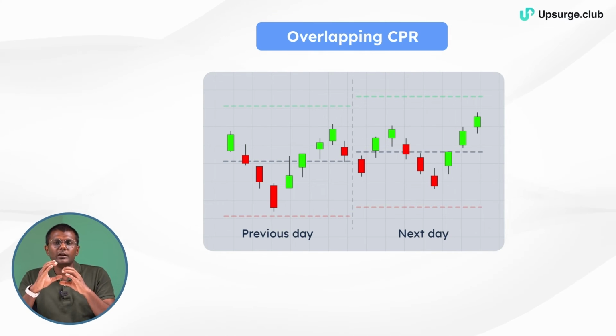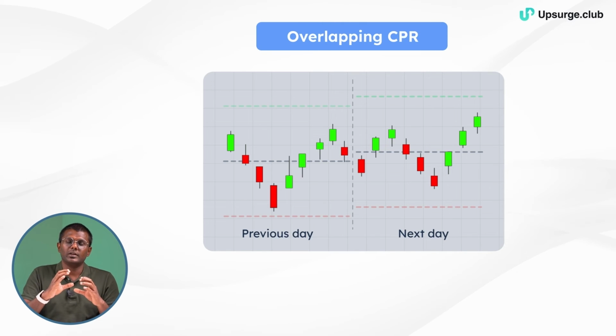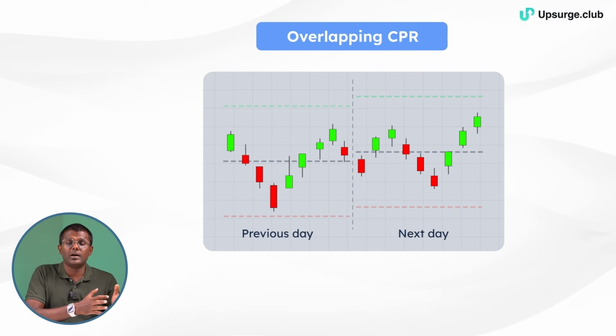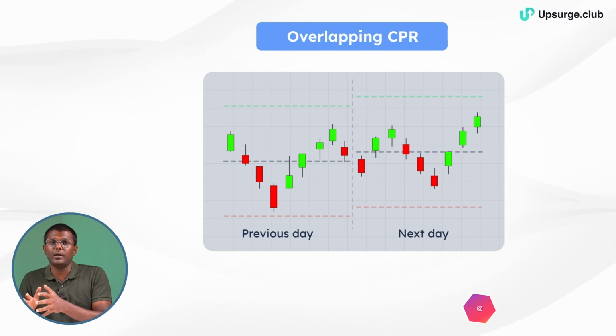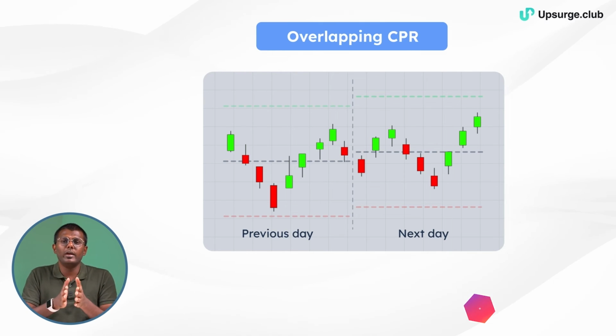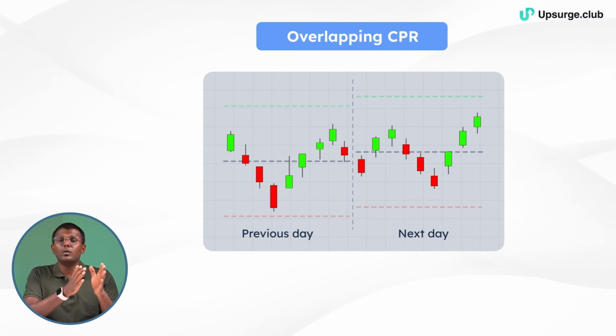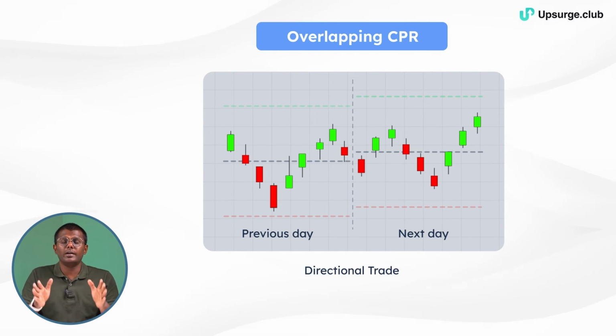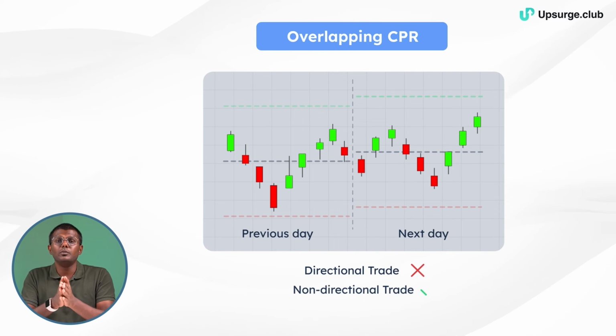So whenever an overlapping CPR occurs, it will not be like an ascending CPR, a descending CPR, an inside CPR, or an outside CPR. It will be overlapping one another. So overlapping CPR always denotes a range bound market. If you see an overlapping CPR in your charts, it's time to avoid directional trades and focus on non-directional trade opportunities.